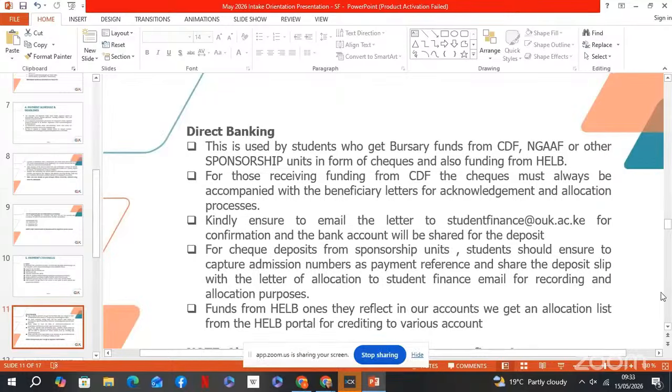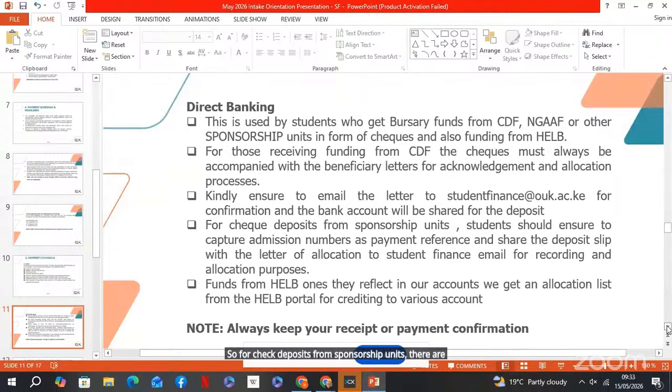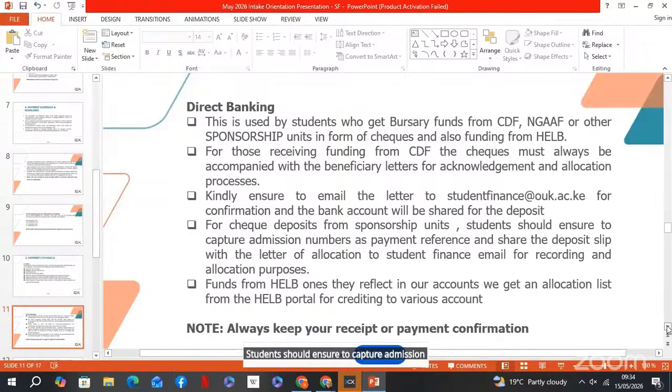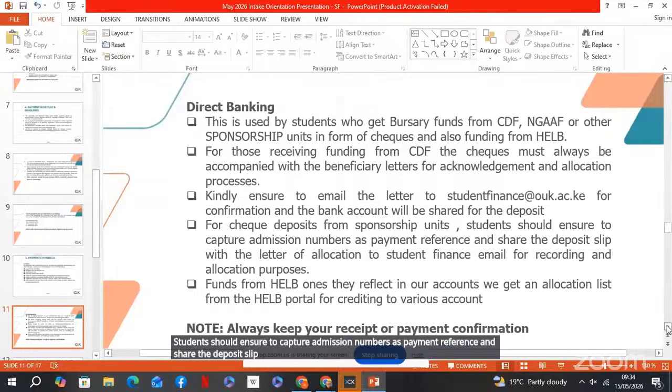So for check deposits from sponsorship units, there are those students who are sponsored by maybe their employers or their private institutions. Students should ensure to capture admission numbers as payment reference and share the deposit slip with the letter of allocation to the Student Finance email for recording.